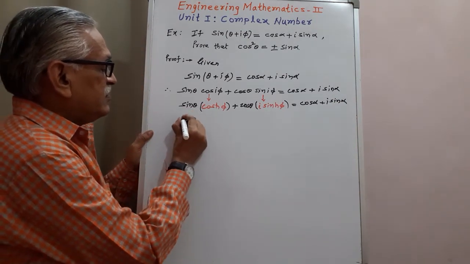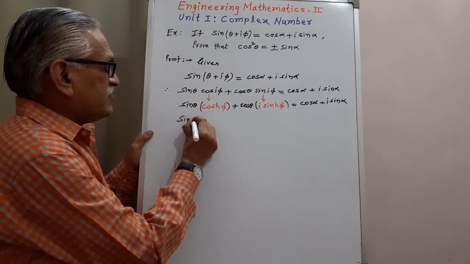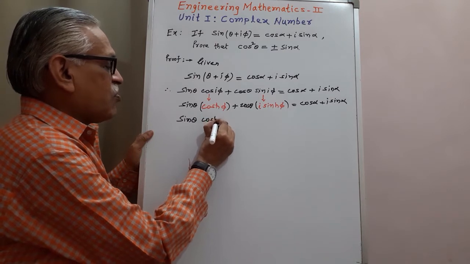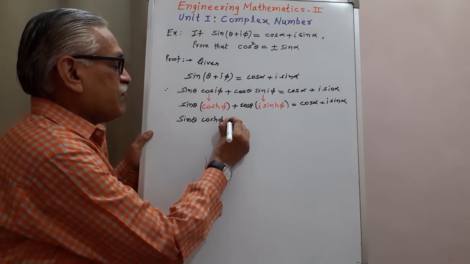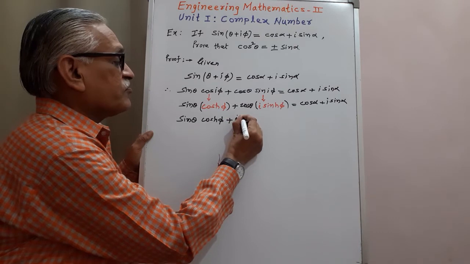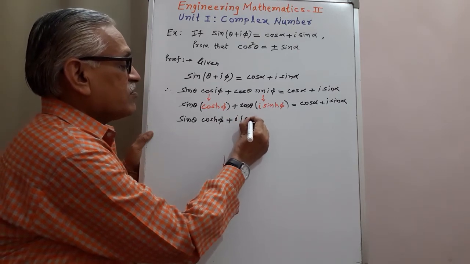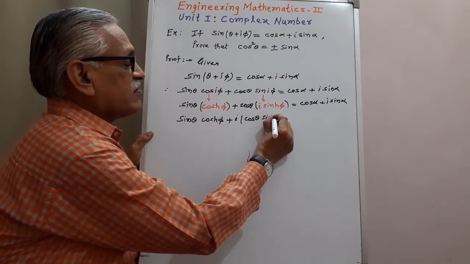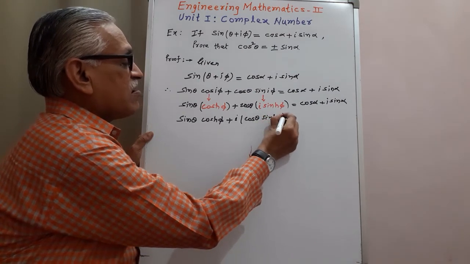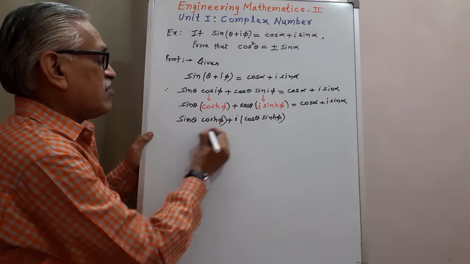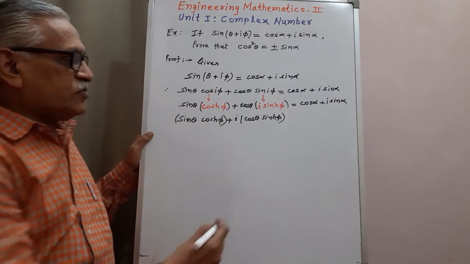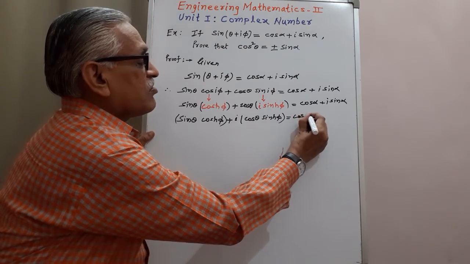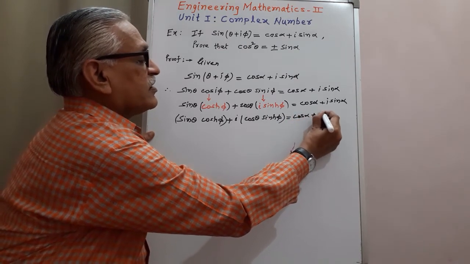Here it is sin θ cosh φ + i times cos θ sinh φ, and that is equal to cos α + i sin α.